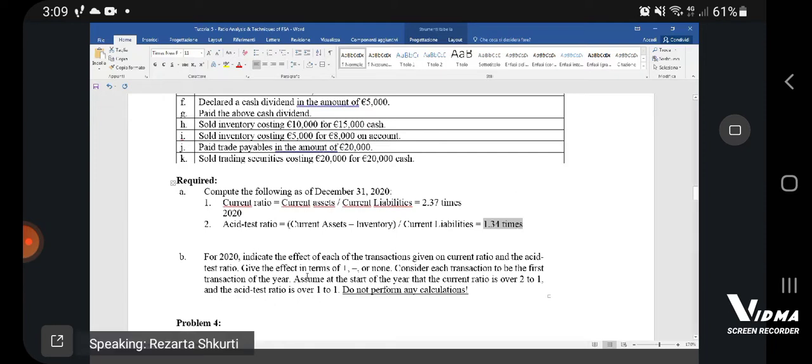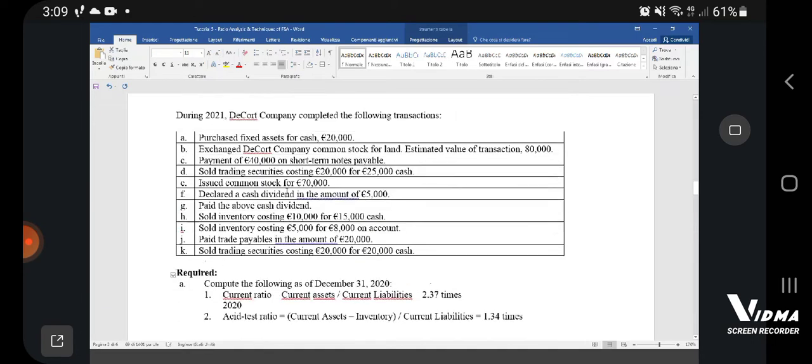The second requirement over here takes us to the specific transactions listed, for which we have to estimate the effect on the two ratios, that is the current ratio and the acid test ratio. So I'm adding some columns over here.